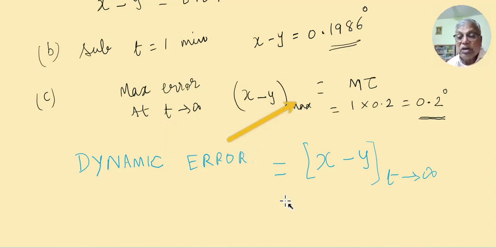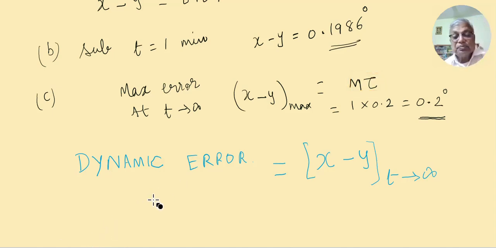And what is the value of this x minus y? For a first order system where K is 1, this dynamic error will be m into tau. So the dynamic error of a first order system with gain 1 is m tau. So what is dynamic error?